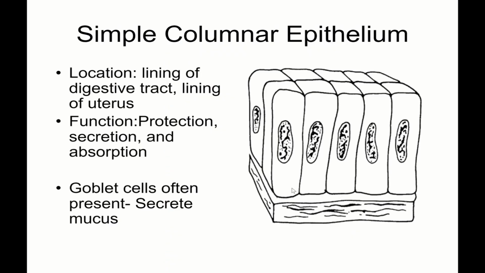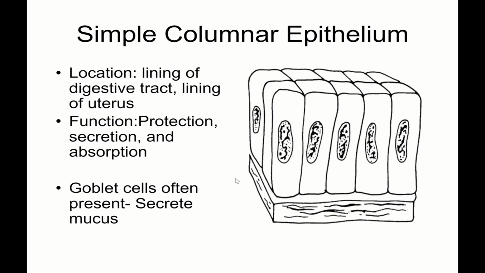Simple columnar. This is found in the digestive tract and in the lining of the uterus. And these are just for protection.